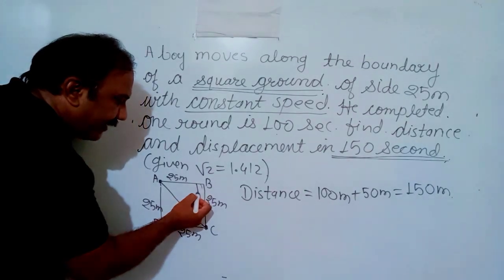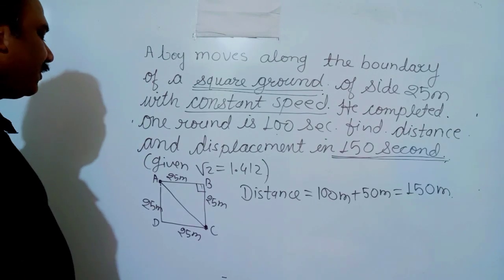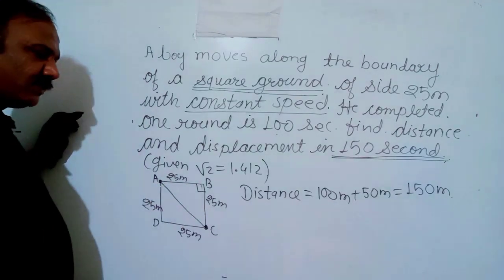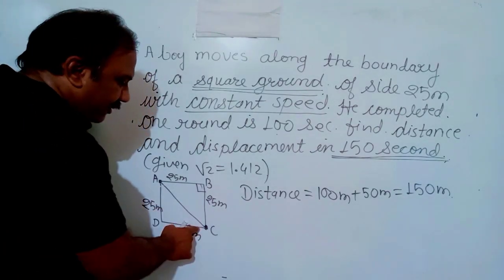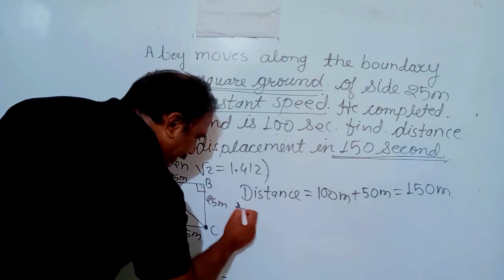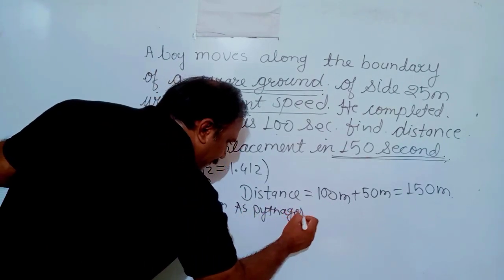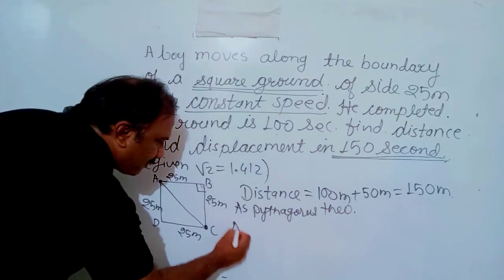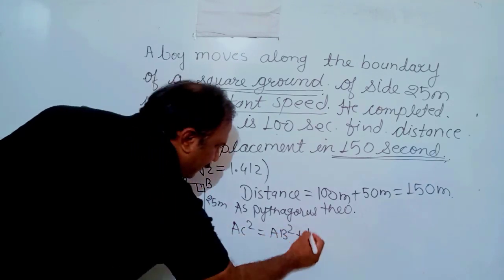Now, as it is a square, this is a right angle, and this side is 25 meter and this side is 25 meter. So as per Pythagoras theorem, this is the hypotenuse. So AC square is equal to AB square plus BC square.